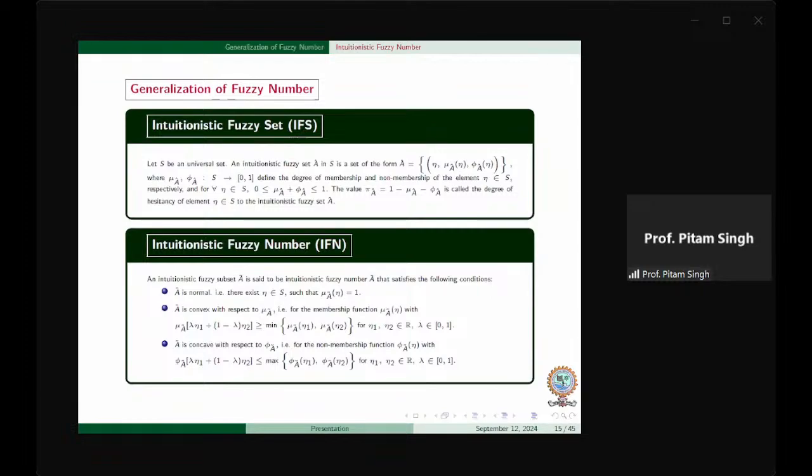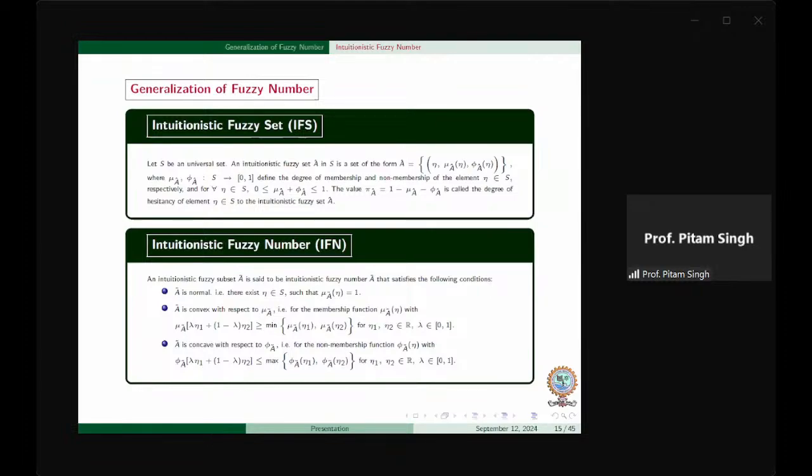The main motive of the generalization of fuzzy sets is this. In the previous kinds of numbers, triangular, trapezoidal, and various others, we considered only the membership grade of any particular linguistic term in decision making.